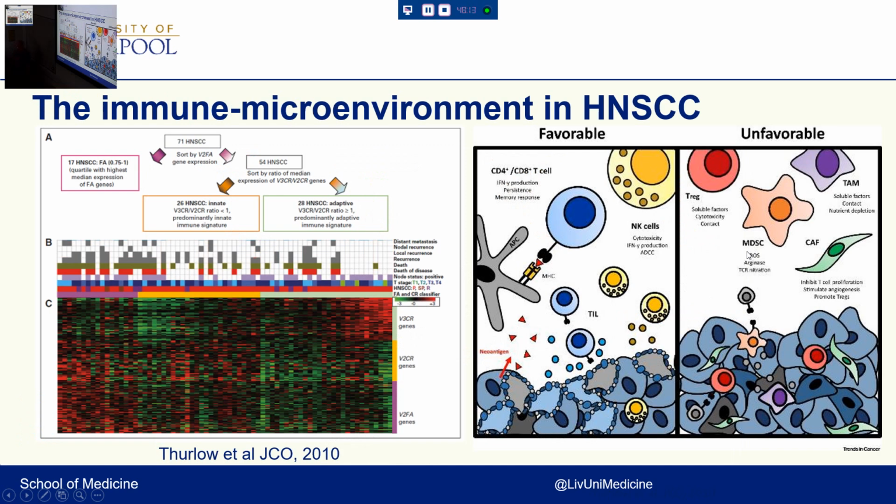The immune microenvironment is also very important. This was some work that we published a few years ago in the Journal of Clinical Oncology, looking at the transcriptome of a whole range of head and neck cancers. And these are the three groups of genes which were most closely associated with prognosis. This group here had the highest fibroblast-associated signature, and they did the worst. That's essentially what we saw from the alpha SMA expression.